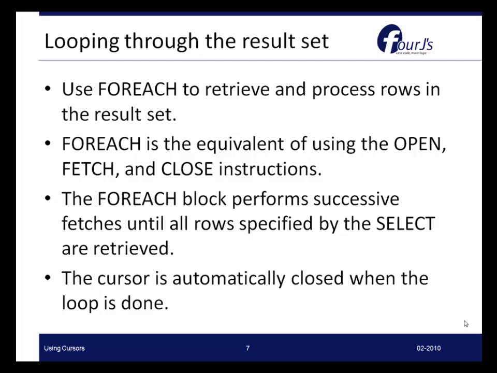So when we look at an example, we'll see that the for each loops through each of the rows in the result set and then automatically is closed when a not found or a SQLCA SQL code 100 is detected. So the for each is really the equivalent of using the open, fetch, and close instructions and gives you a simple way of processing through the result set.